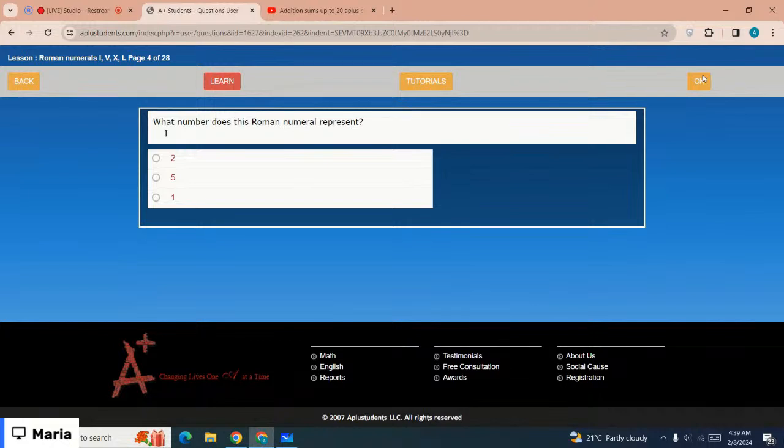Which is the correct option? Yes, the correct option is 1. This Roman numeral represents 1.